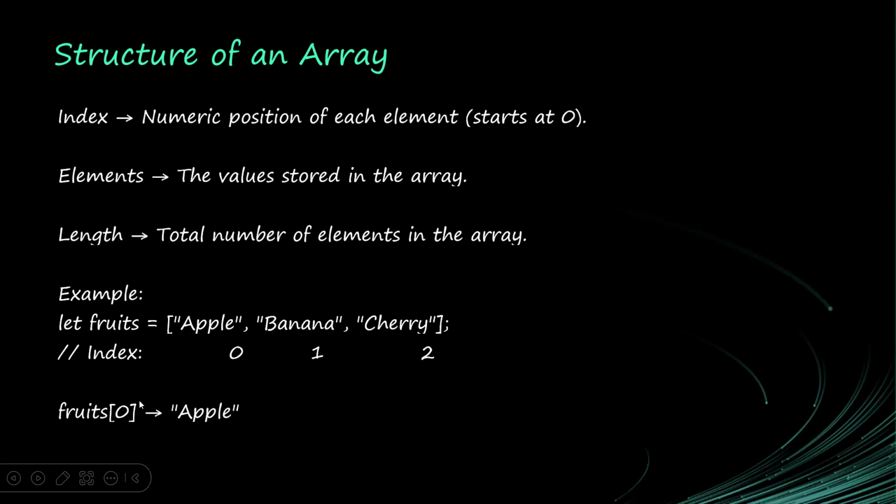Then, if you want to access these elements, you use the square bracket operator to get them, and you give it the position. If you want to access the first element, you use 0. 0 is the index, so you use the index. Index 0 contains the element apple. In the fruits, the length is 3.